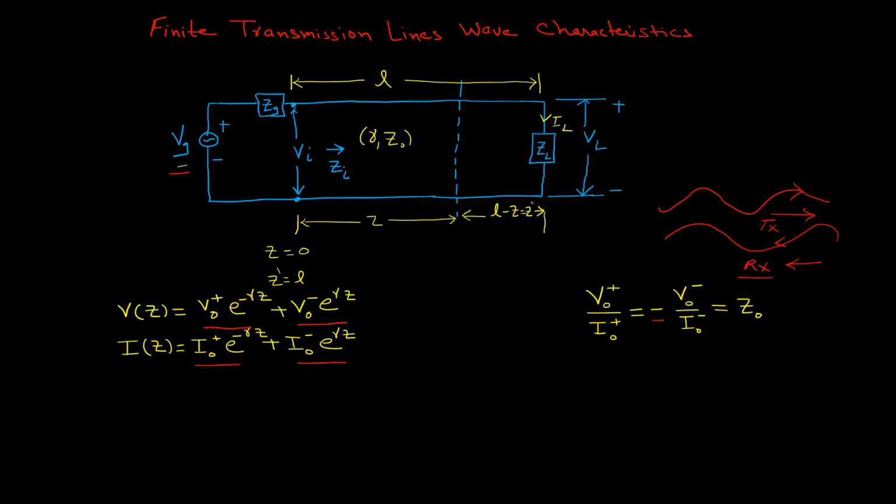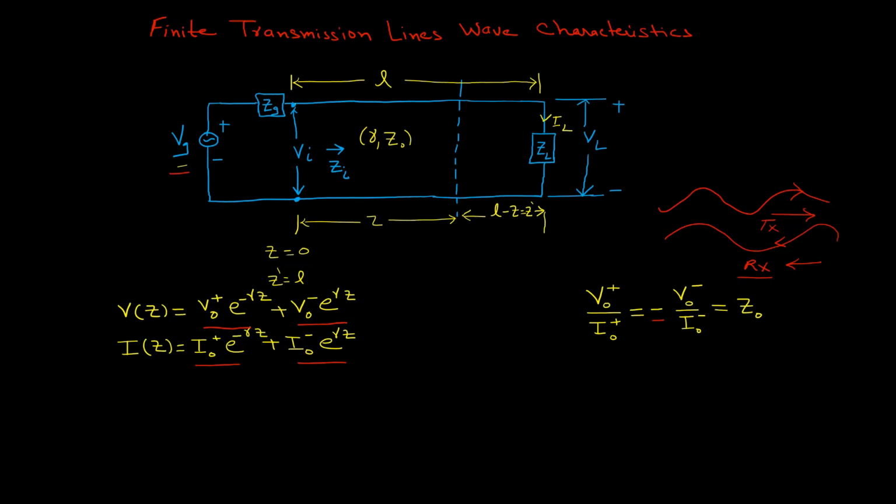Now we know from circuit theory, which we have already studied, that perfect matching is when the input impedance is equal to the complex conjugate of the load impedance, or vice versa. The maximum power will be transferred, or you can say that your circuit is matched.